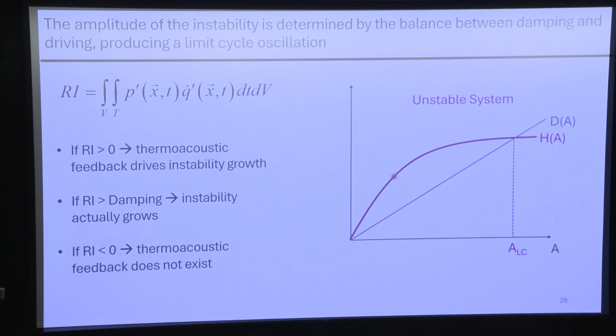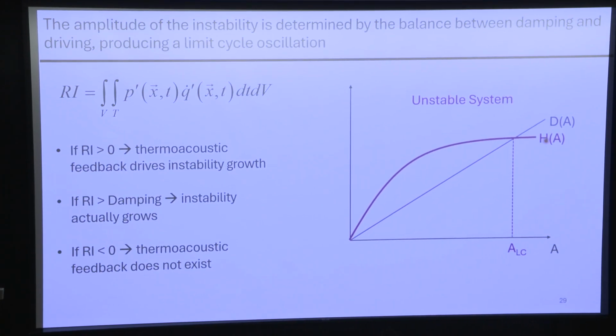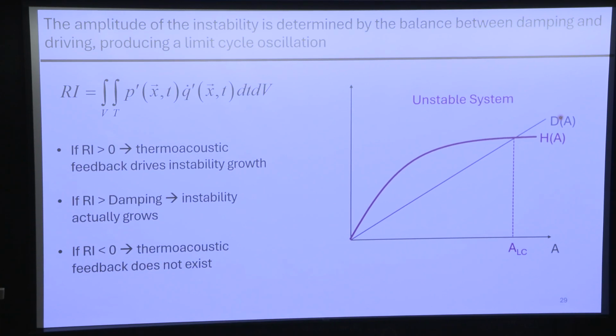But at some point, and we will see why by the end of today, flames stop acting linearly and they start saturating. And so you get a point in this saturation where now your driving equals your damping, and this point is called a limit cycle. And it is this amplitude at which the system will sit, and this will be the amplitude of your instability.